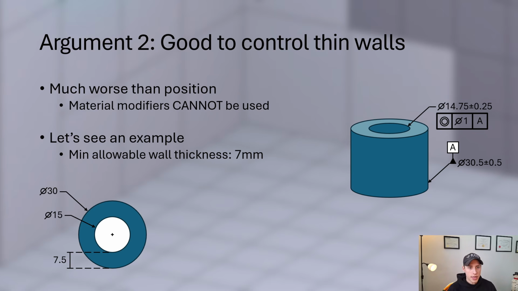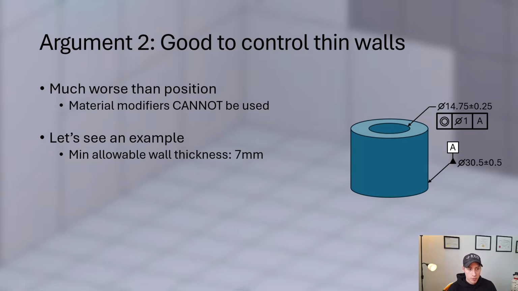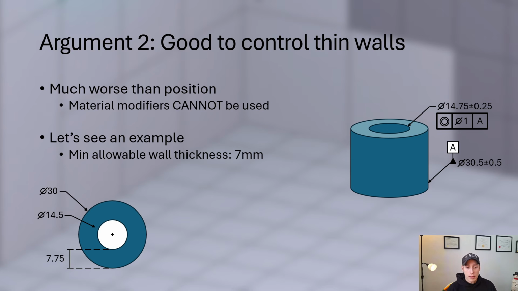So in this case, we say that the LMC size is 15mm, and if it's perfectly centered on the outer diameter, that means we've got a wall thickness of 7.5mm. And if we use up that entire 1mm concentricity tolerance zone, we get our thin wall condition of 7mm. Now, if we look at the maximum material condition of that inner diameter, it's 14.5mm.